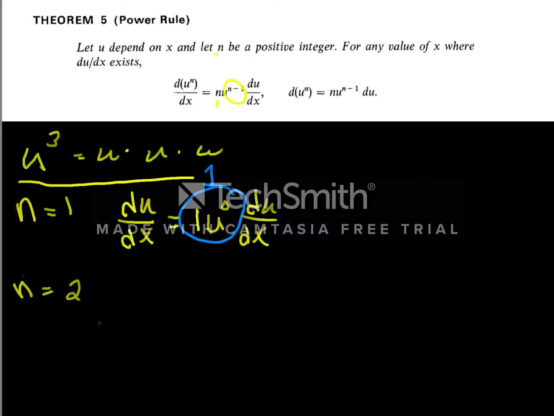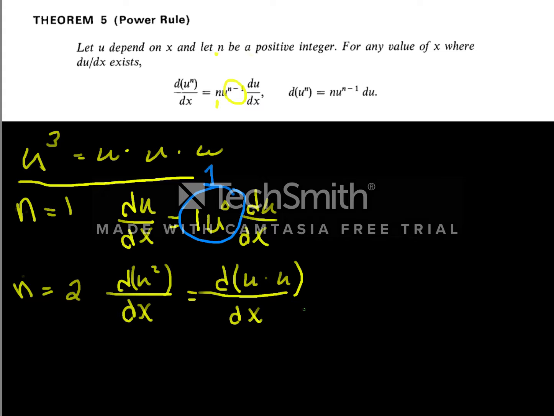Now, if n equals 2, then we need to use the product rule, right? Because then d(u squared)/dx is simply the derivative of u times u, dx.